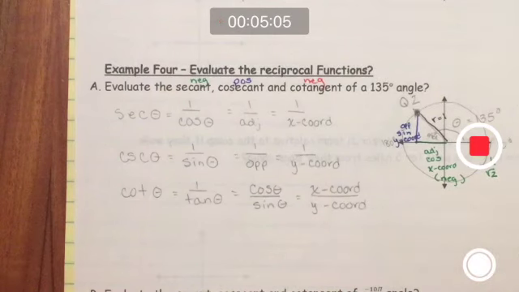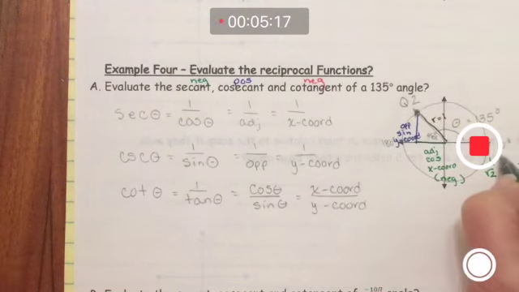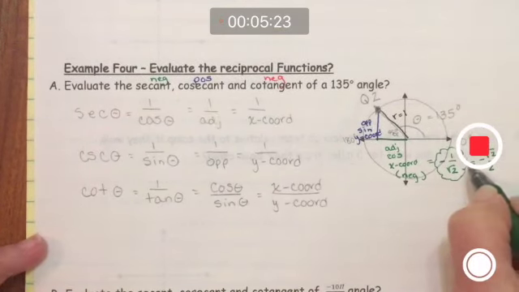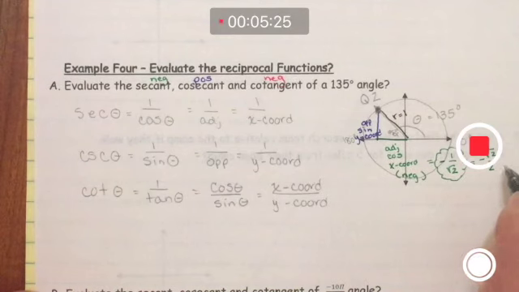And then if we were to rationalize that, you guys remember multiplying by square root of 2 over square root of 2 would give me square root of 2 over a nice whole 2. But we're just going to leave it like this for now. These are equivalent. I just haven't rationalized this denominator yet.